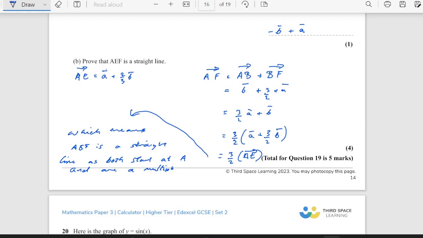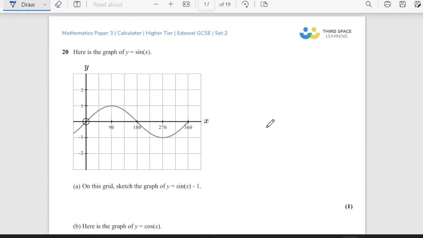Okay, nice question. Here's a graph of y is equal to sine x. On the grid, sketch the graph of y is equal to sine x minus 1. Well, minus 1 is going to bring every point on the graph 1 down.